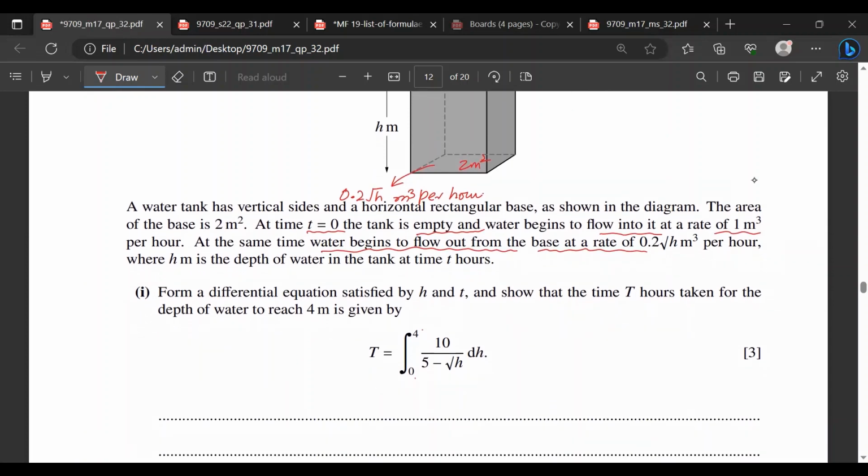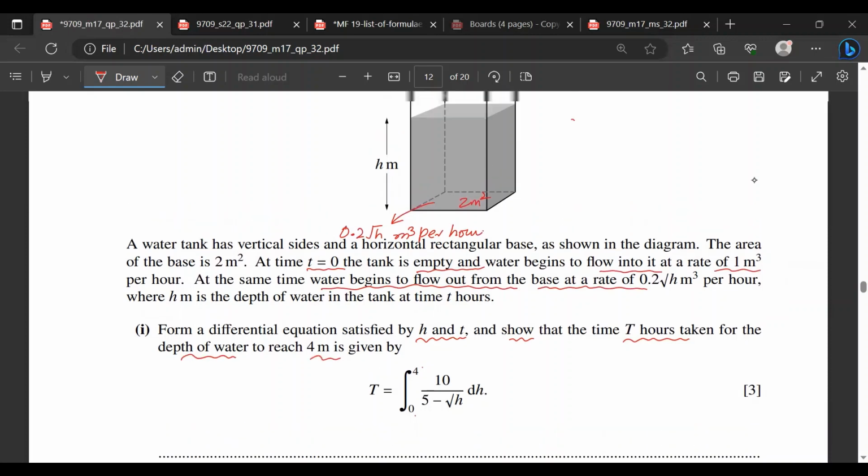Form the differential equation satisfied by h and t. So we're looking for the relationship between h and t, the two variables, and show that the time t hours taken for the depth of the water to reach 4 meter is given by this.